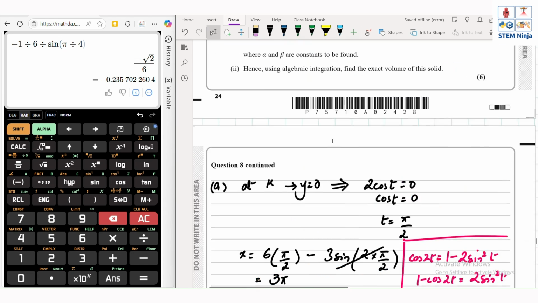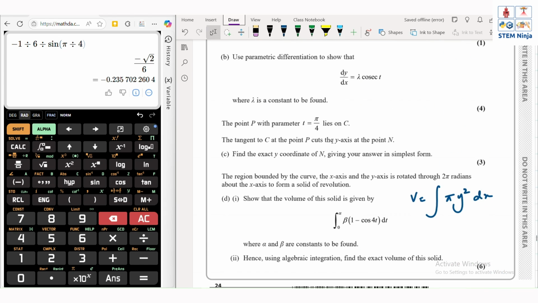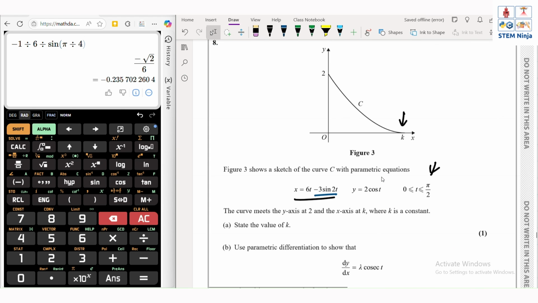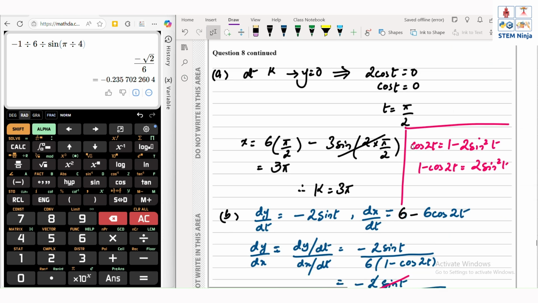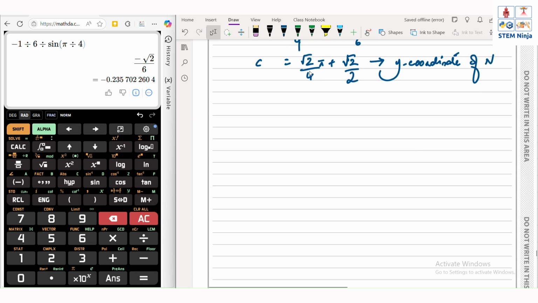The region is bounded by the curve, the x-axis and the y-axis, so that means x is between 0 and k. So the volume is equal to pi y squared dx from 0 to k.